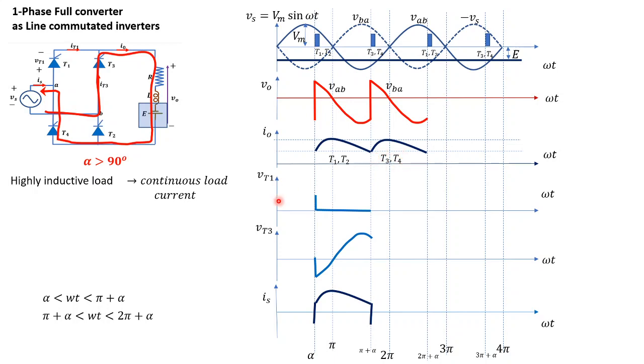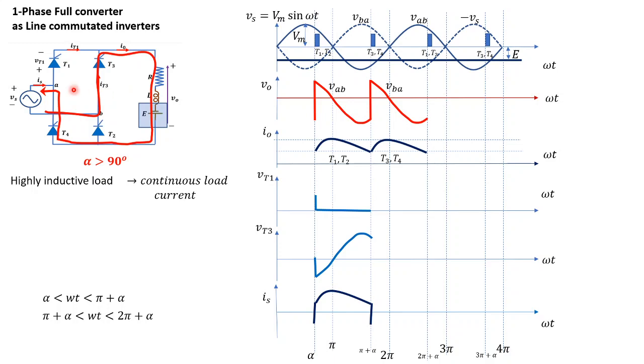Now, what is actually happening during this period is that T1 and T2 are going to be reverse biased. Whenever the gating pulse is applied for T3 and T4, they are driven into forward conduction mode, and T1 and T2 are reverse biased by the source voltage.